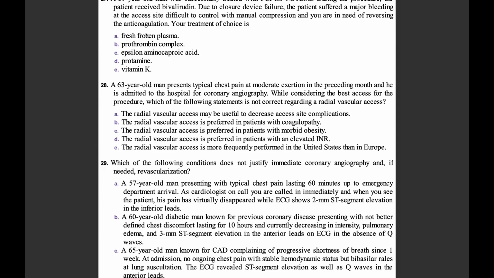A. The radial vascular access may be useful to decrease access site complications. B. The radial vascular access is preferred in patients with coagulopathy. C. The radial vascular access is preferred in patients with morbid obesity. D. The radial vascular access is preferred in patients with an elevated INR. E. The radial vascular access is more frequently performed in the United States than in Europe.